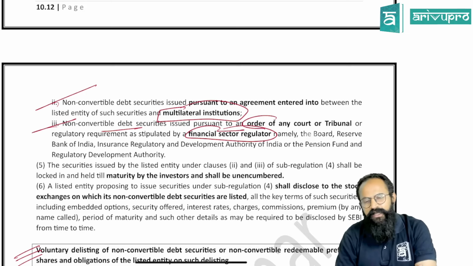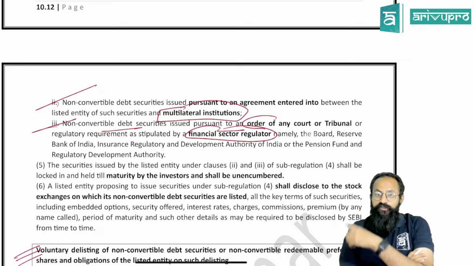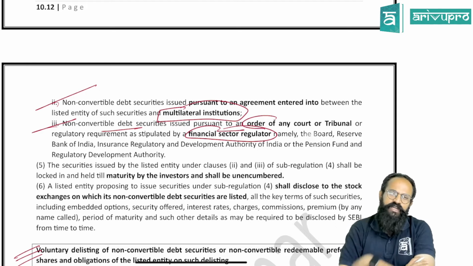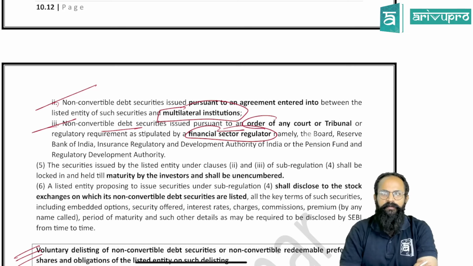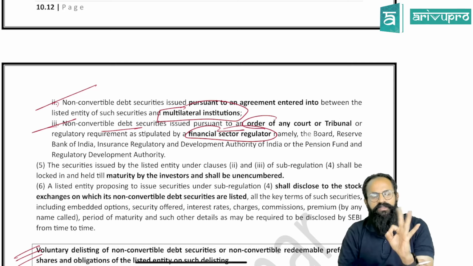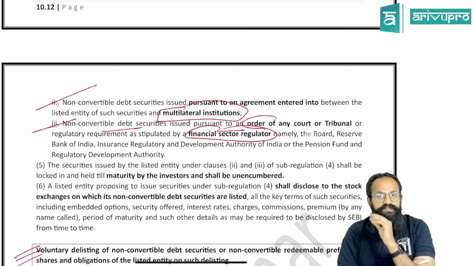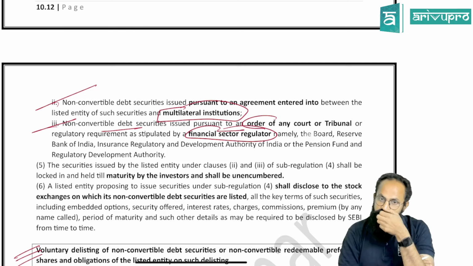It can be RBI, IRDAI, PFRDA, etc. So based upon their order, if I've given any non-convertible securities to any person, I need not list these securities. So three things. One is Income Tax Act. Next one is multilateral institutions based upon an agreement. The third one is pursuant to an order of a court or tribunal or according to the stipulation by a financial service regulator.